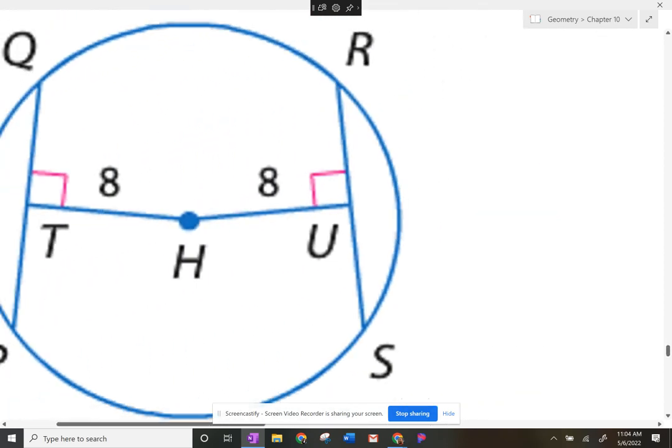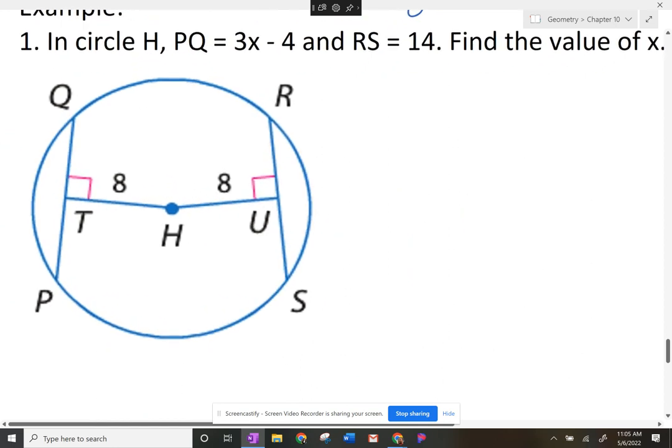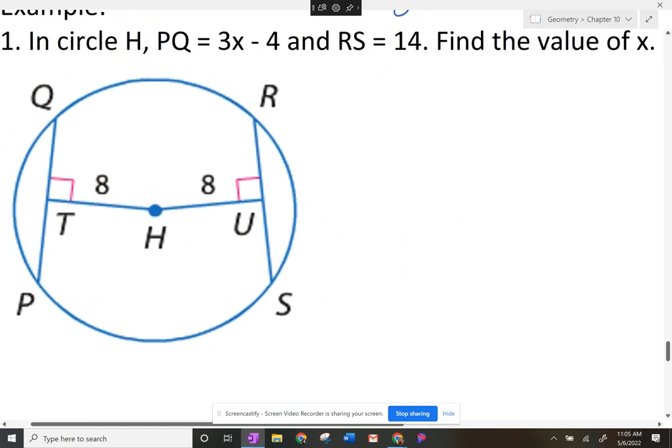Example number 1. In this circle, I've got QP being a chord, RS is a chord, HU and HT are coming out to make a perfect perpendicular line.